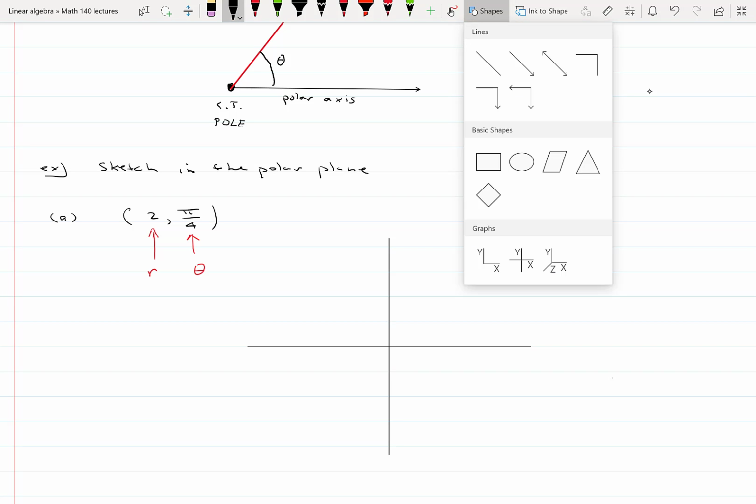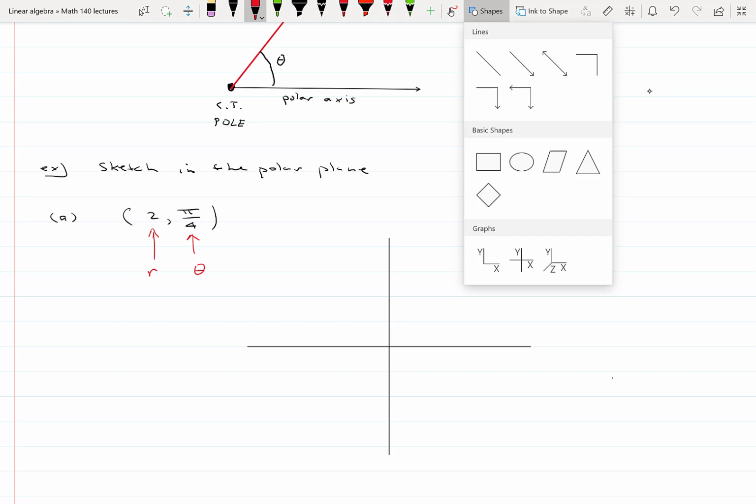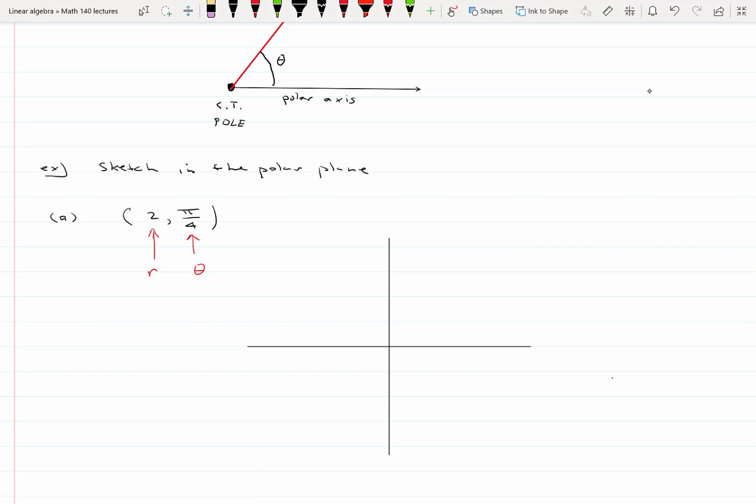So here is the entire x-axis rotated through an angle of pi over 4. I'm going to hope I can do this. Let's see. I think I'll do it in red. All right. I can always redo it, I guess, if it doesn't work. So here's the entire x-axis rotated. This turned out pretty well. Rotated through an angle of pi over 4. So there's our angle pi over 4.